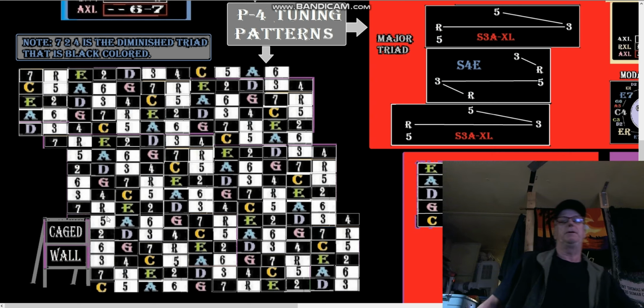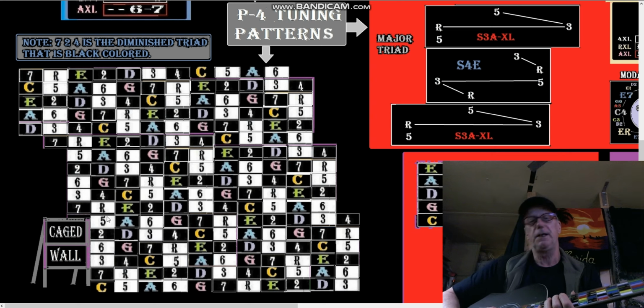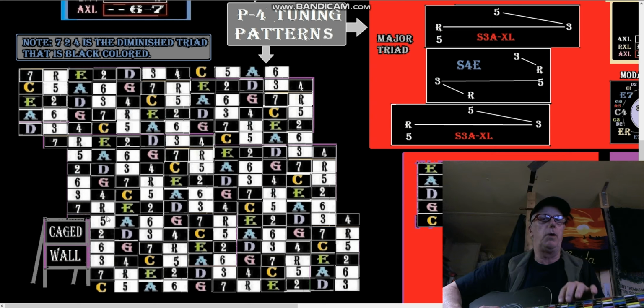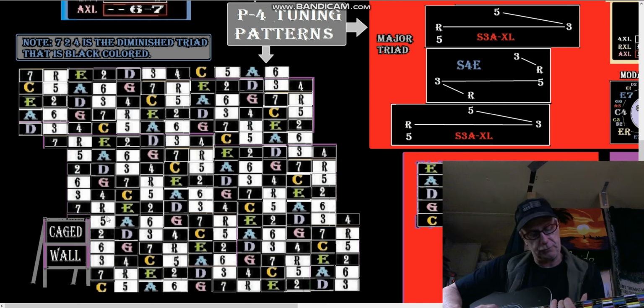You can do an arpeggio like that, starting on root, say here at this C. Anytime you have one triad member per string, you're going to have a repeat of that triad. So it's just root 3, 5, root 3, 5. That's it. Or 7, 2, 4, and then 7, 2, 4.